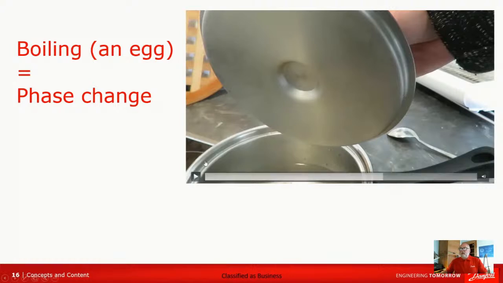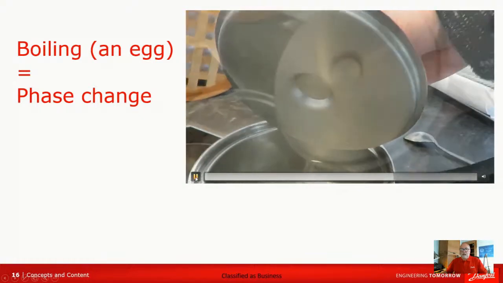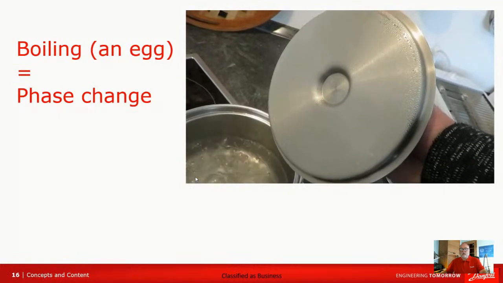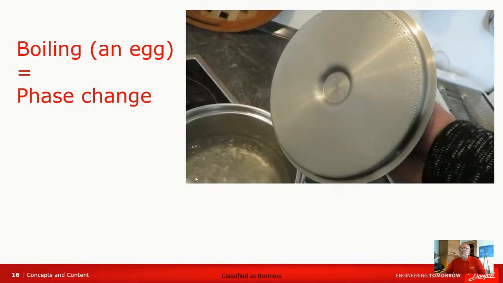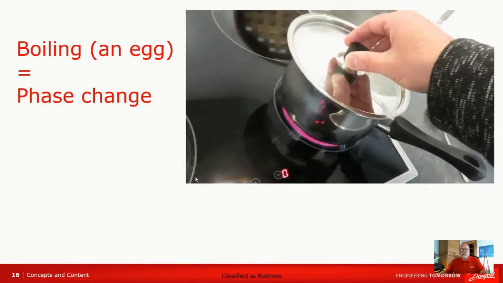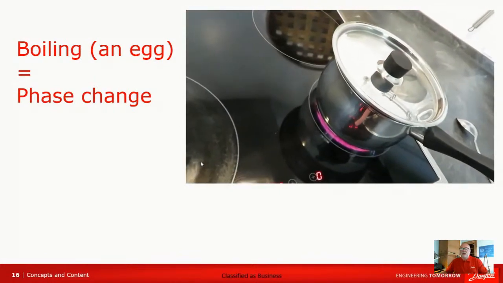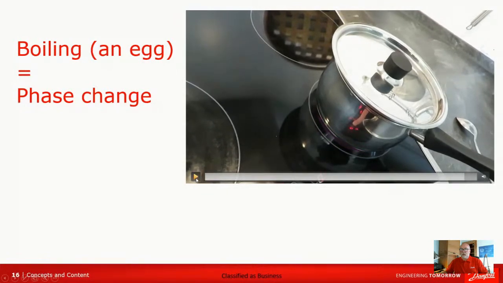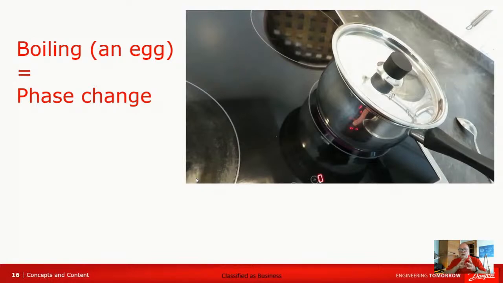Now, if we look at the lid itself, which is colder than the pot itself, you can maybe see the droplets forming, and that's the water condensing. Condensing is another very important part of cooling. That is where we get rid of the energy that we picked up while boiling.